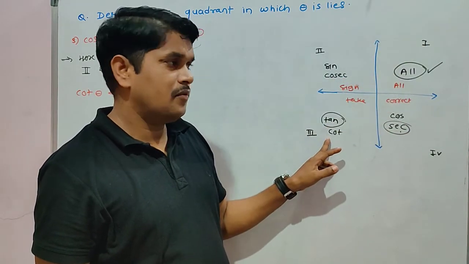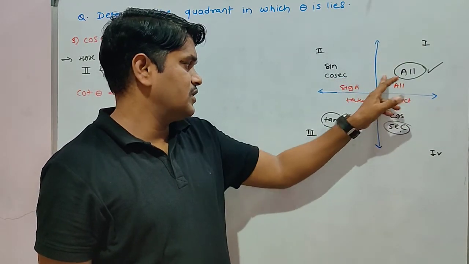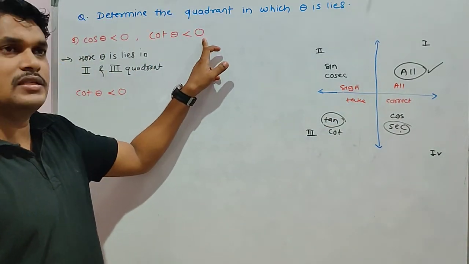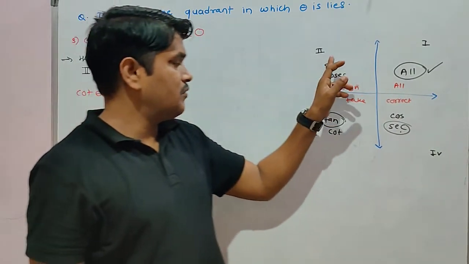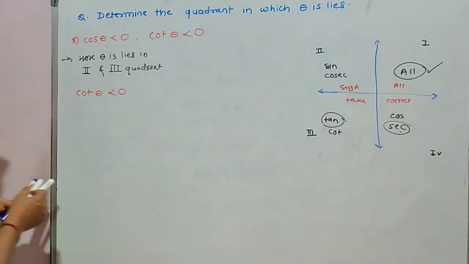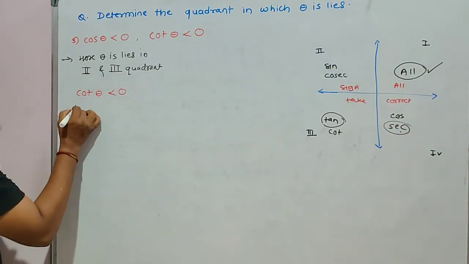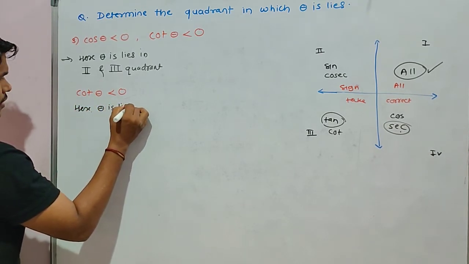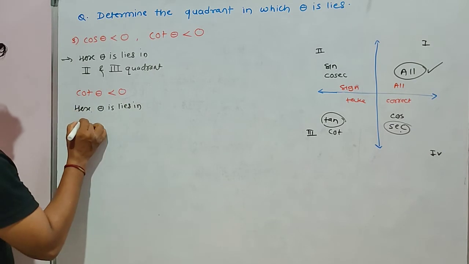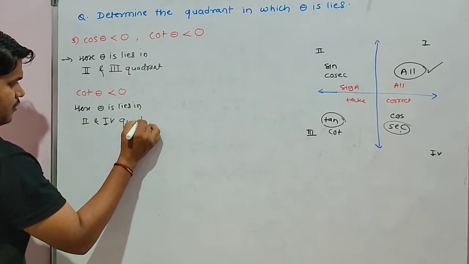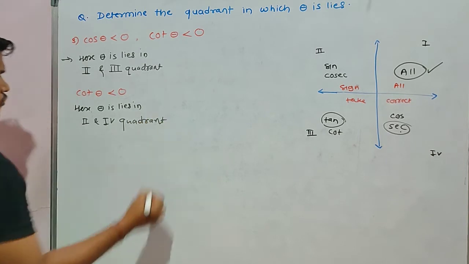Means cot theta is positive in first and third quadrant, but we have to take the negative because cot theta is less than 0. So negative is in which quadrant? Second and fourth. So here theta lies in second and fourth quadrant.